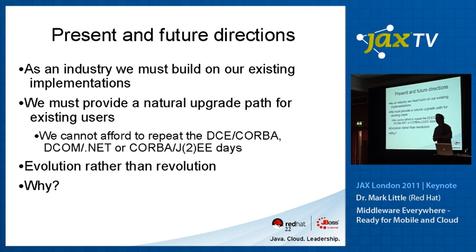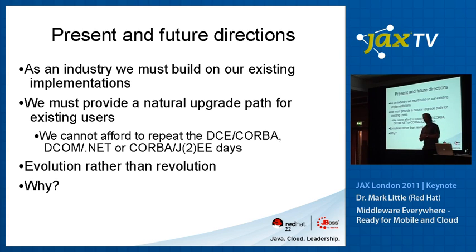I think, hopefully this doesn't come as a surprise, that we shouldn't be thinking about revolution here. We should be thinking about evolution. We cannot afford as an industry to do what we've done over the past, particularly moving from things like, for instance, CORBA to J2EE and stop the world, rewrite everything because we want to in a completely new language, even if it was running quite happily in COBOL or C++, and then start again, because that takes a lot of time.